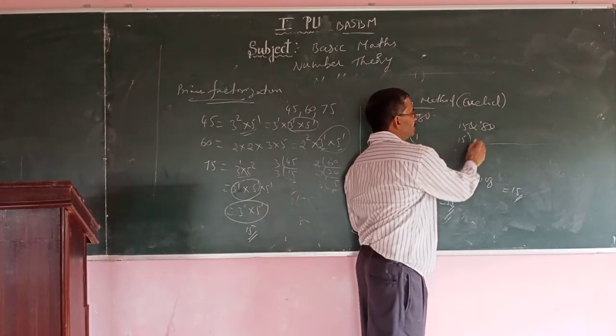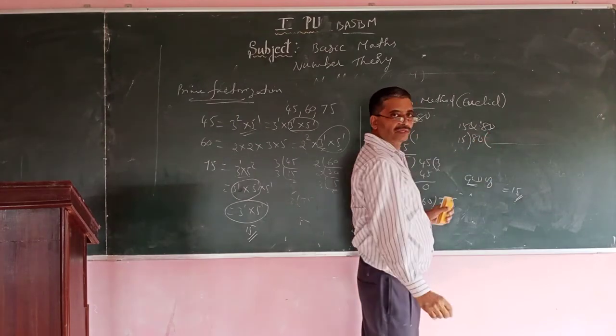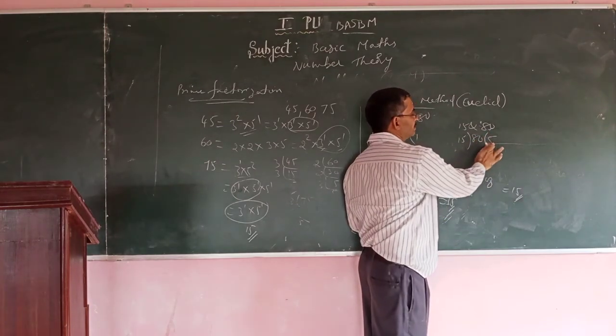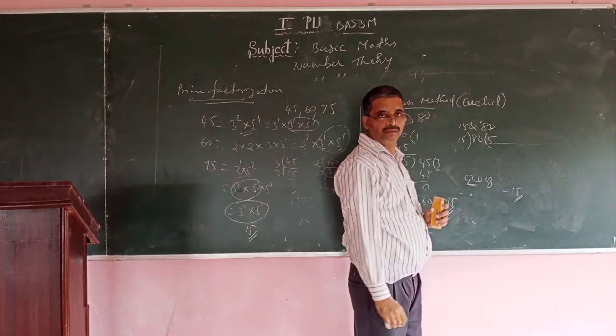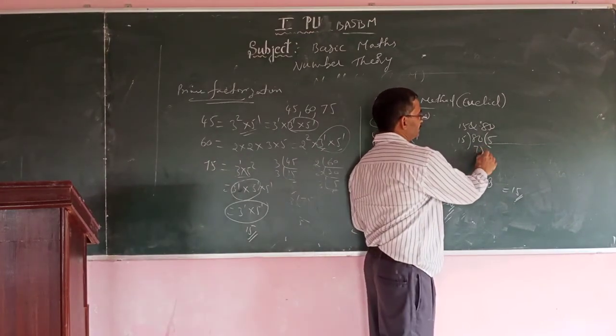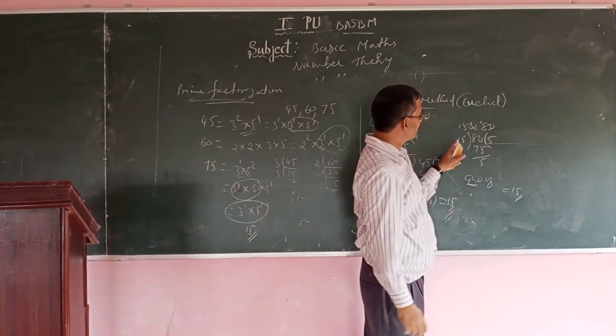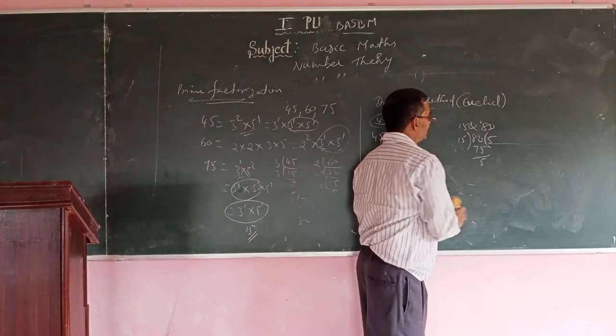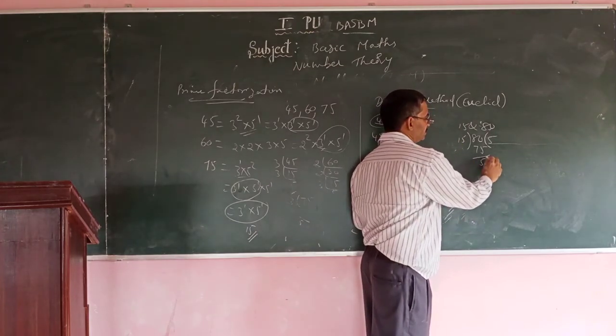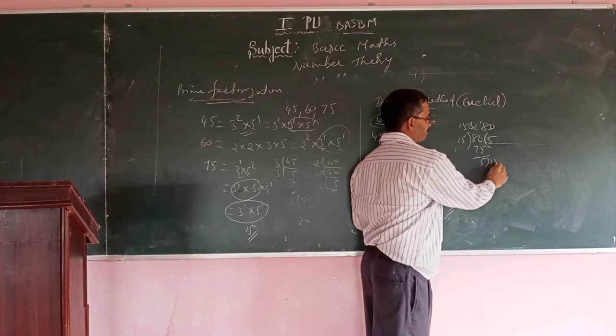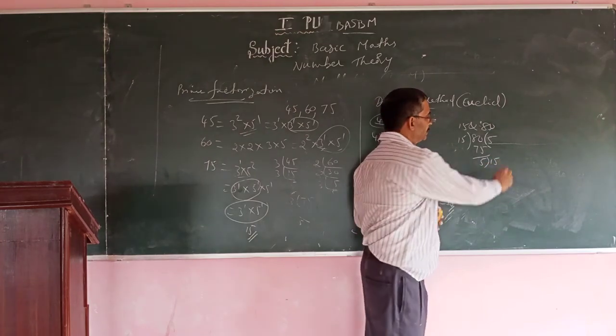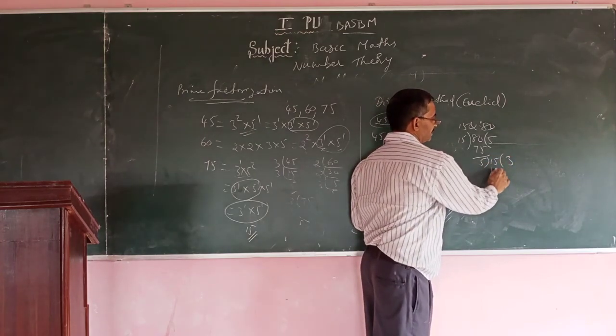So 15 and 80 now. Divide 80 by 15. 15 into 5 is 75. Remainder is 5. Now take this 15 now as a number. So 5 into 3 is 15.